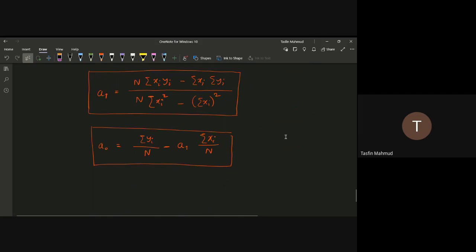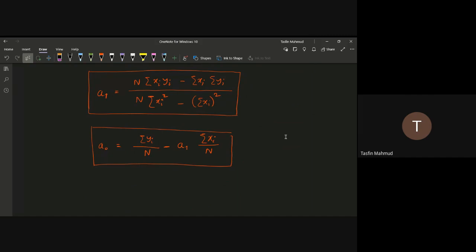তো এই এ নট আর এ ওয়ান যদি আমরা পেয়ে যাই তাহলে আমাদের কাজ ডান। আমরা স্ট্রেট লাইনটা খুঁজে পেয়ে গেলেই আমাদের লিনিয়ার রিগ্রেশন হয়ে গেল। আমাদের যে কার্ভটা ফিট করতে হতো সেটা আমরা পেয়ে গেলাম। ওকে, so the task was to find the value of a1 and a0, and we have been able to find their value.